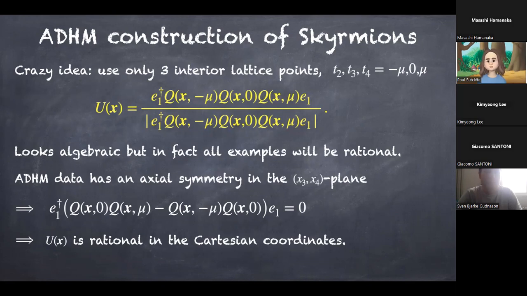I'm only going to choose 3 interior lattice points. Our lattice points are going to be x4 is 0 and x4 is plus or minus mu, where mu is some positive real parameter. So I'm going to sample the instanton only at x4 equals 0 and x4 equals plus or minus mu. So that formula that involved calculating a product of Qs at all the interior lattice points now only has 3 Qs in it. So it's a much simpler formula, it's given here.